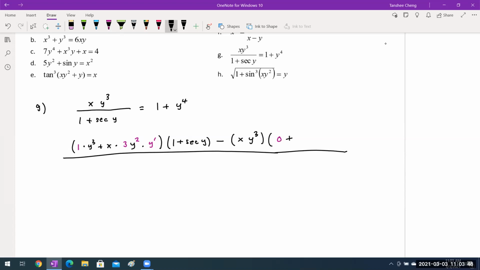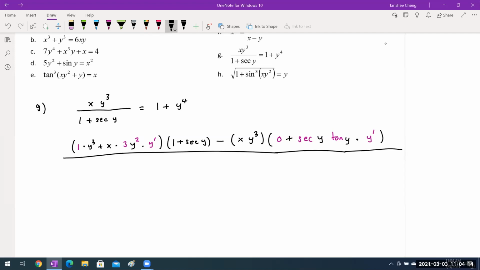So in this case, my outer function is secant, inner function is y. So taking care of the outer function, derivative of secant is secant and then tangent, right? And then the inside part is the same, so secant of y times tangent of y. And then finally, multiplying with derivative of the inner function, which is derivative of y with respect to x, that will be y prime.